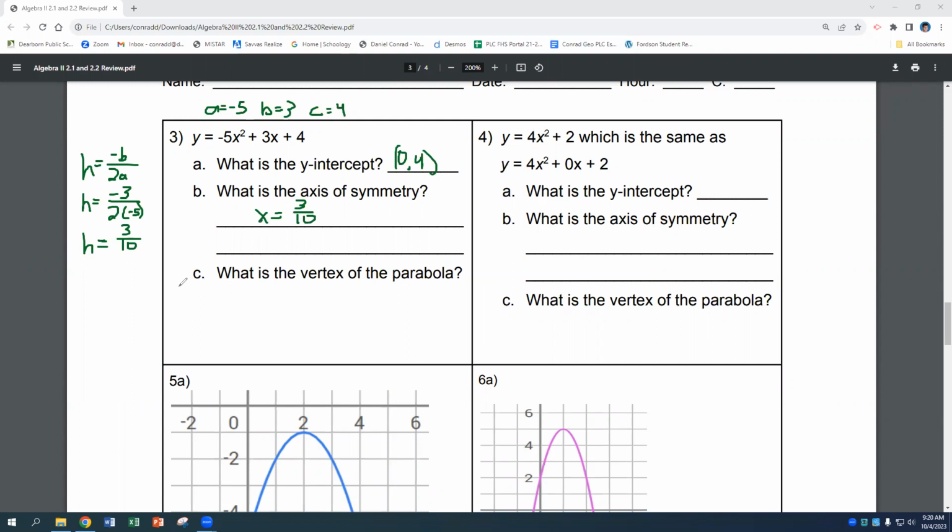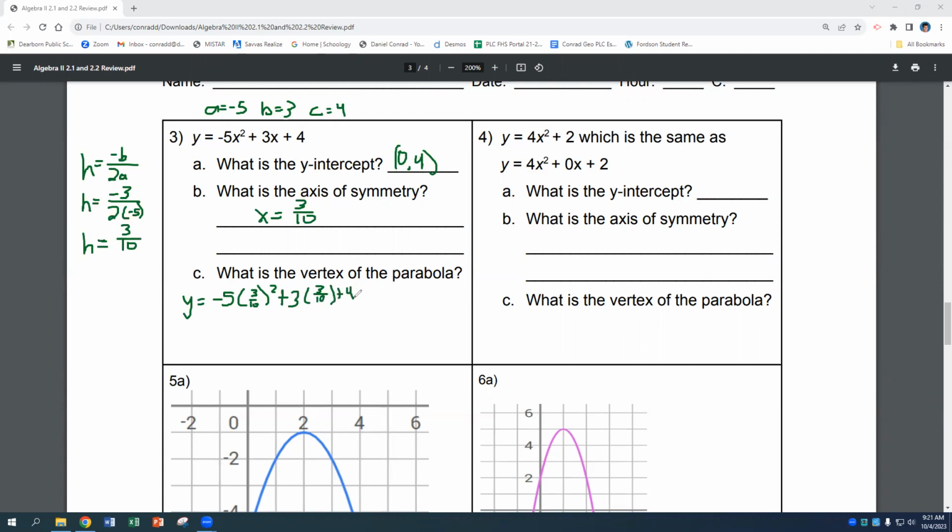Our vertex, the h is 3 over 10. We need to find the k. So what we're going to do is we're going to take the 3 over 10, the x value of the vertex, and we're going to substitute it into our equation. So -5 times 3 over 10 squared plus 3 times 3 over 10 plus 4.